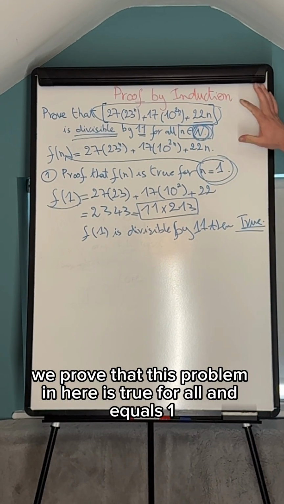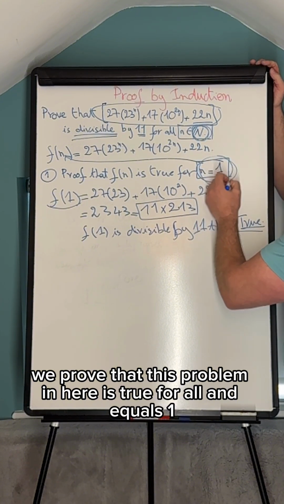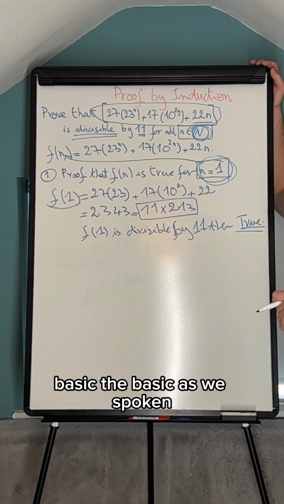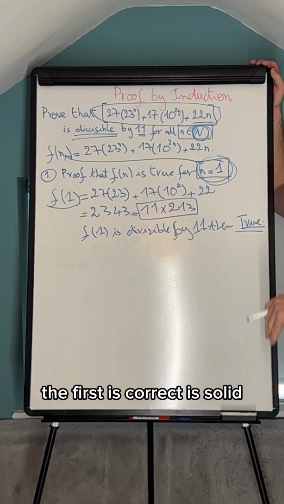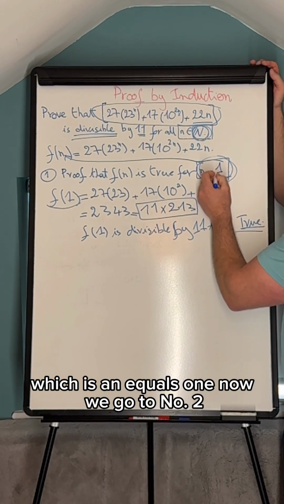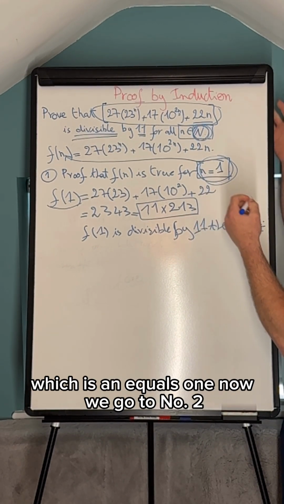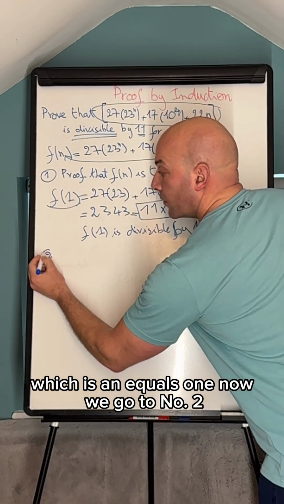We proved that this problem is true for n equals 1. As we spoke about in the previous video, the first rule is correct and solid, which is n equals 1.